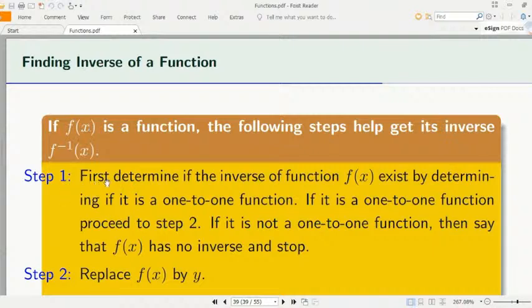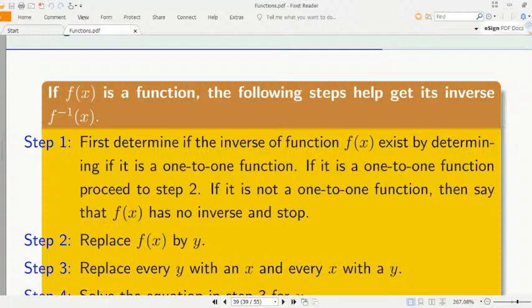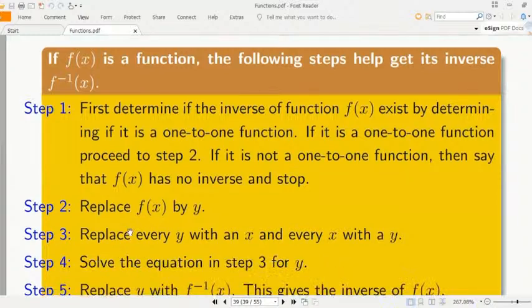The first step is to determine if the inverse of f of x exists, that is, determining if the function is one-to-one.